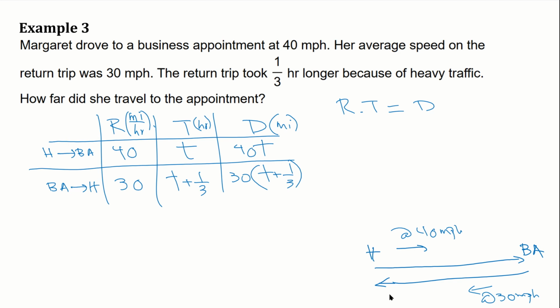The same. So that's the key thing to understand. So we get 40t is equal to 30 times t plus 1/3. I'm going to go ahead and distribute that 30, so I get 40t equals 30t. Let's be consistent, we're using lowercase t, so let's stay with that.